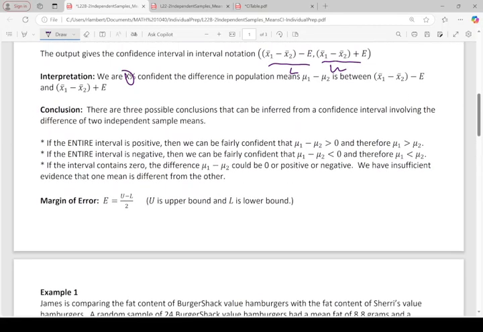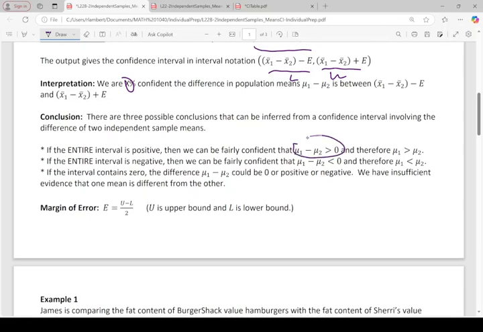If it's positive, then this is probably true, or we're at least 95% or whatever confident that that's true. And by simple algebra, we can add mu2 to both sides to get that we can be pretty confident that the population mean for population 1 is greater than the population mean for population 2. That's if the whole thing's positive.